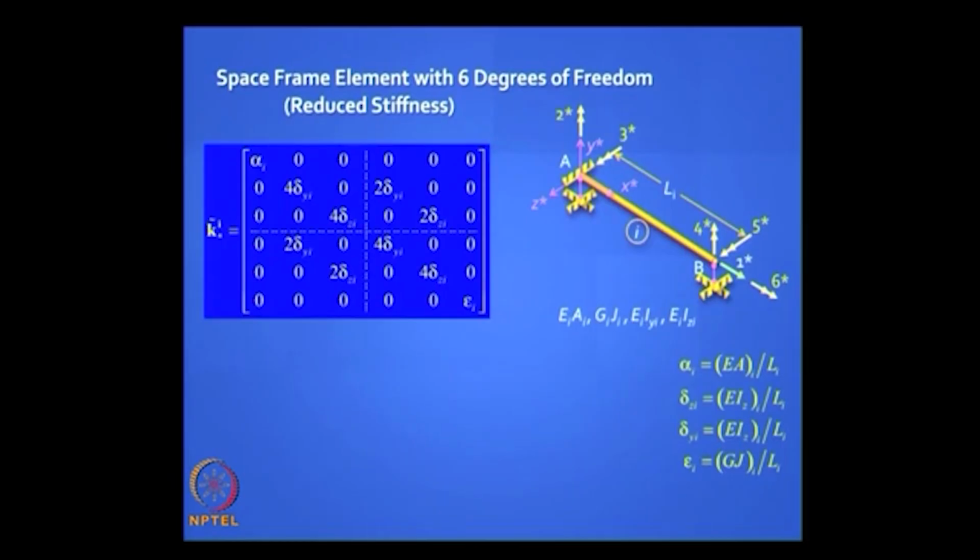Okay, so it is basically a combination of your grid element plus your plane frame element with bending about the horizontal axis. Okay, first you have to put 6 constraints to make it stable, and that is how you get those vectors.